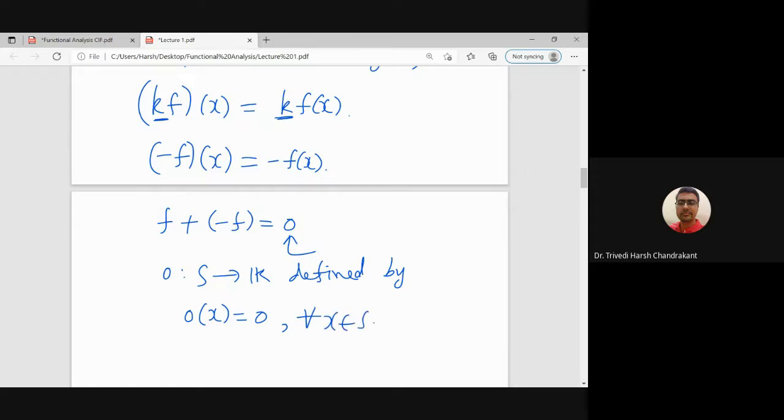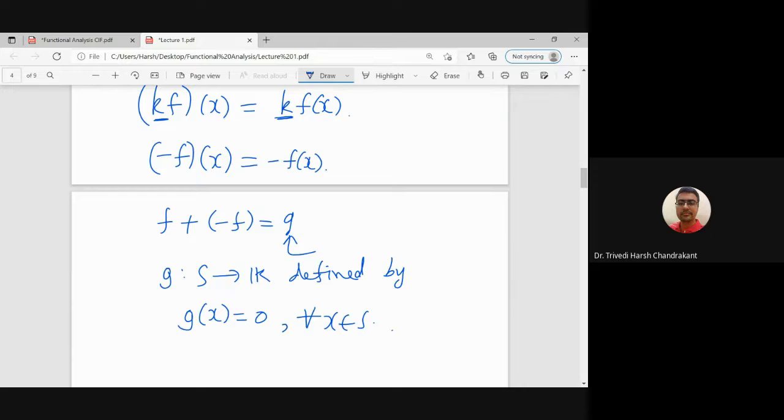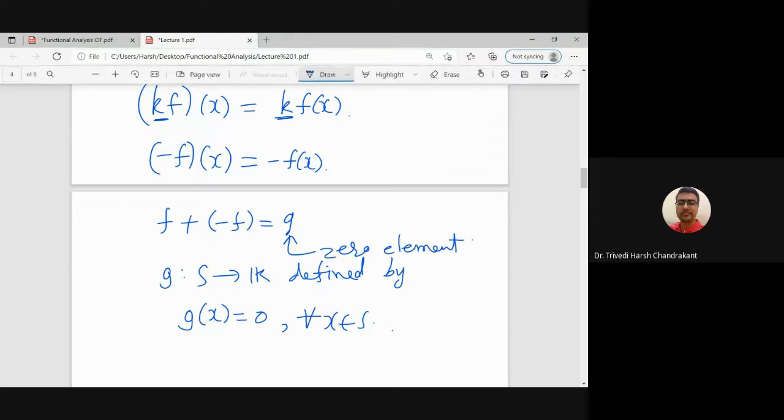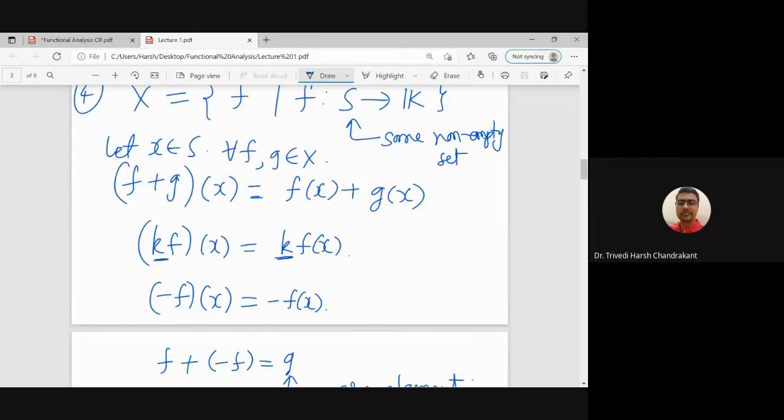We can call it either 0 or some function, let's say g, where g is defined by this. So this is the zero element. This is exactly similar to the example of continuous functions.